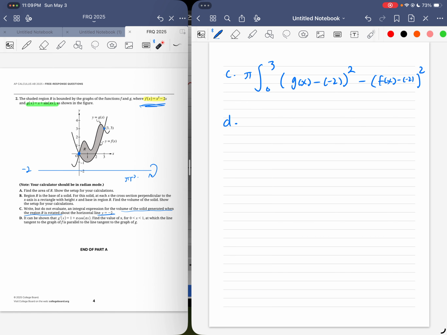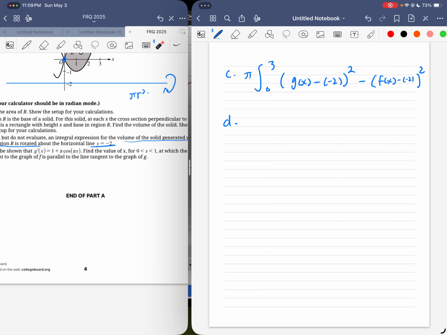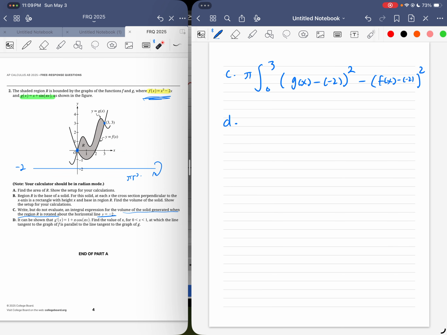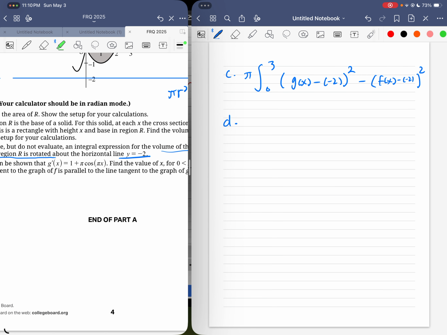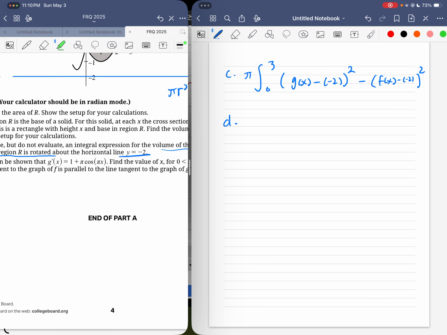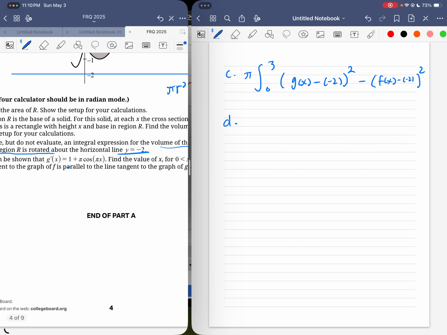Now D. It says it can be shown that g prime is going to be this. Find the value of x at which the line tangent to the graph of f is parallel to the graph of g. They give us this one for no reason because I don't even need it. Do you see it says parallel?